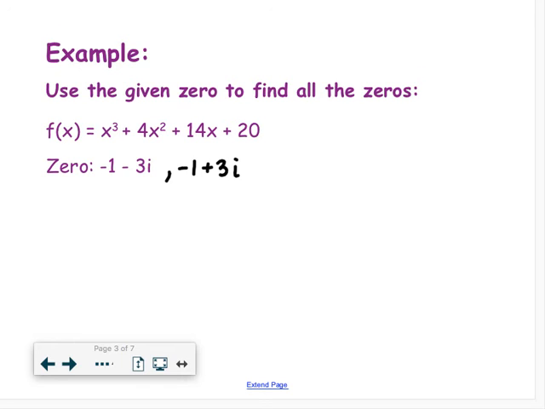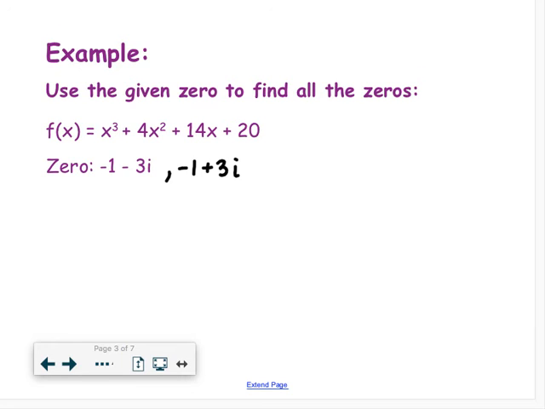Write out your linear factors for negative 1 minus 3i and negative 1 plus 3i. Multiply them together. What type of polynomial are you going to get? If you multiply two linear factors, thank you, Nick, you're going to get a quadratic polynomial. And then if we take our cubic polynomial and divide it by a quadratic polynomial, we're going to be left with a linear factor that must be the other zero. Okay, so we're going to use our polynomial division.